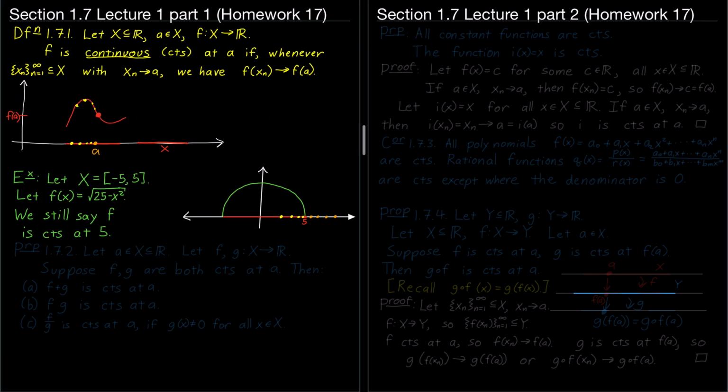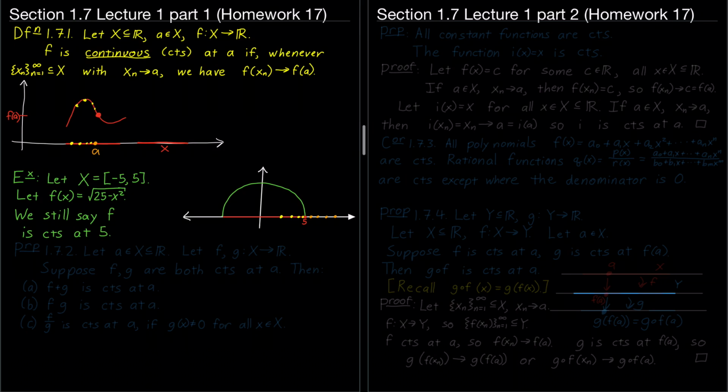This sequence over here, notice that f of x doesn't exist for these orange points, so certainly f of x is not converging to f of 5, but at some level we only care about what f is doing for points that are in X. So this still counts as a continuous function, even though we've got this half open business going on.